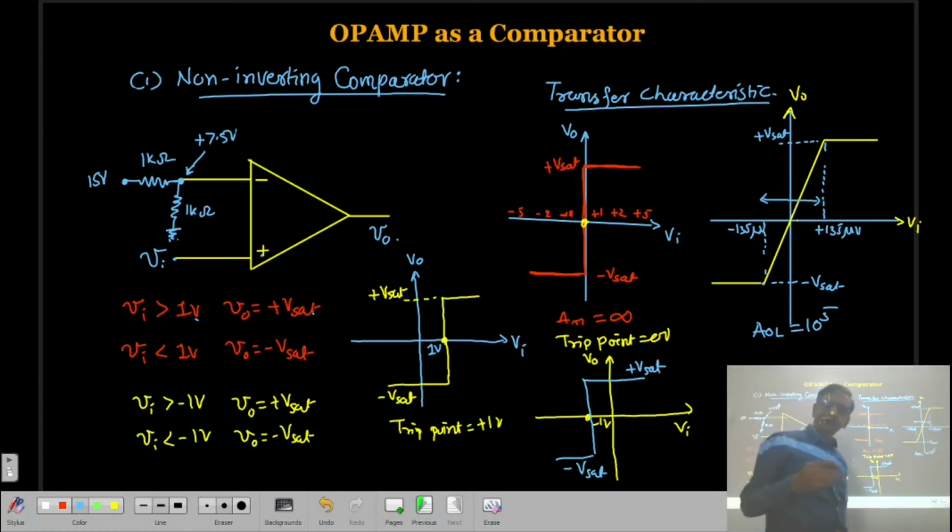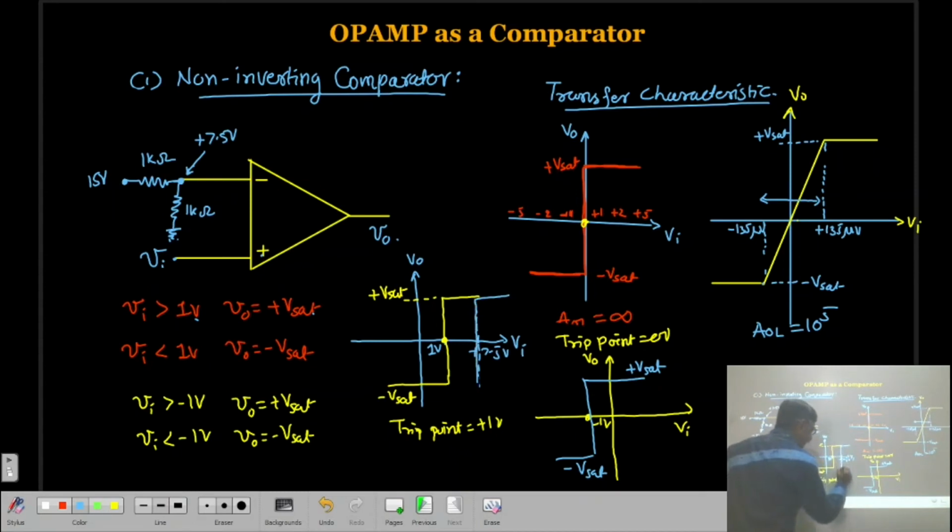So whenever your input voltage is greater than plus 7.5 volt, the output will change from minus V saturation to plus V saturation. So here in this graph, you have plus 7.5 volt and your graph will be changing at this point. You will get this kind of curve.